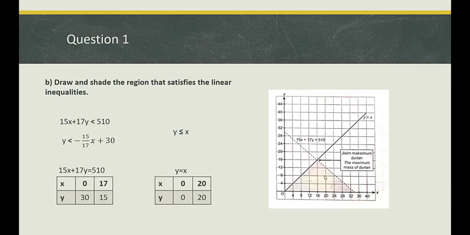We're going to get the same region here, which is our answer, the shaded region that satisfies both inequalities. Satisfy here means that the shaded region is applicable for both linear inequalities. As both are less than, both are below the line, which is here.